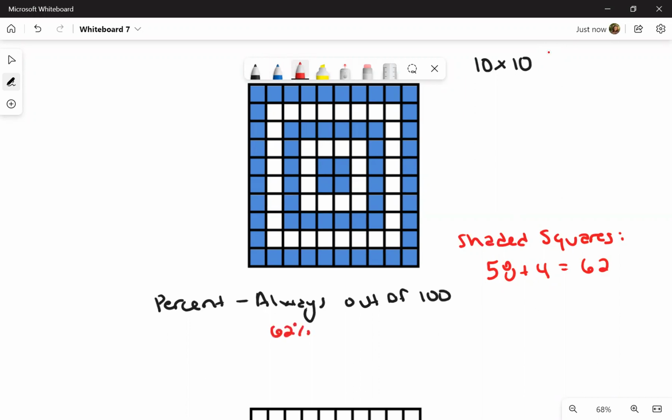Easy. Okay, but I actually think that a decimal is really easy to think about too, because these often are used as what's called decimal squares. And since there's 100 of them, we could also think of this as a 100th square.